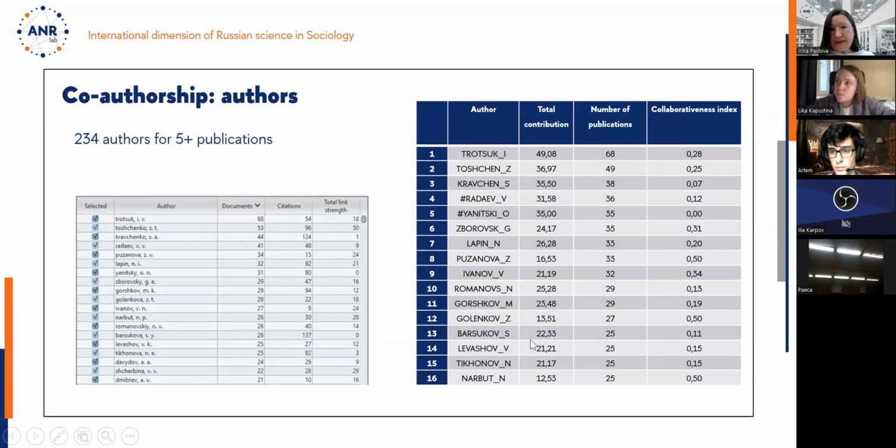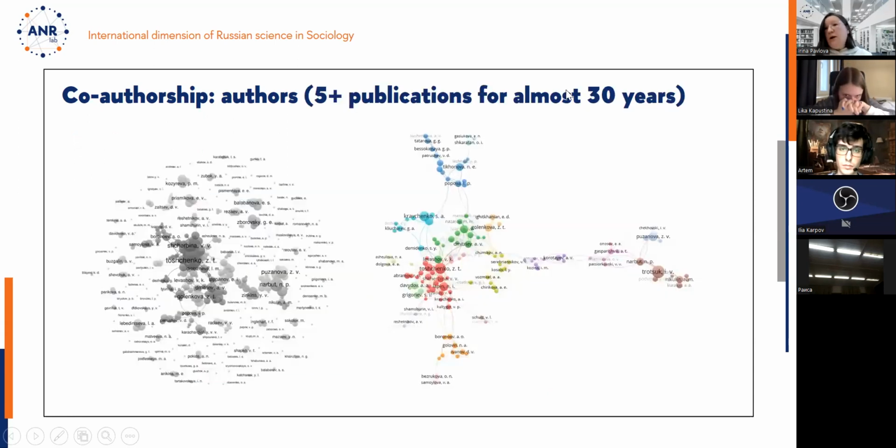From the top 16 authors, I think we have only 2 authors who have collaborativeness index as 0.5. This is Galenkov, and three authors, Galenkov, Puzanova, and Narbut. So just 3 authors. And the situation with other disciplines may be quite different. So collaborativeness index may also show us this propensity to work in collaborations.